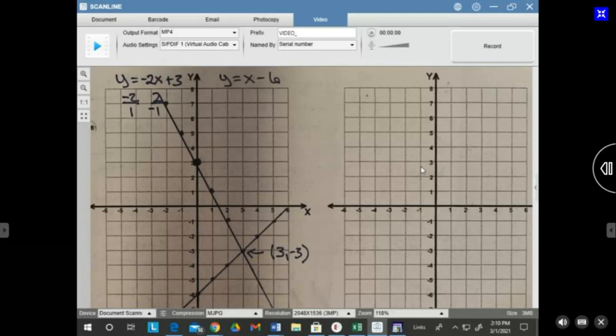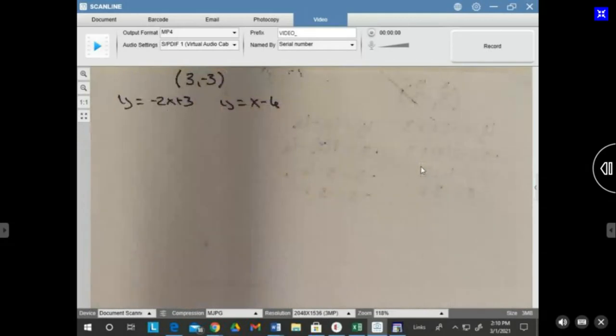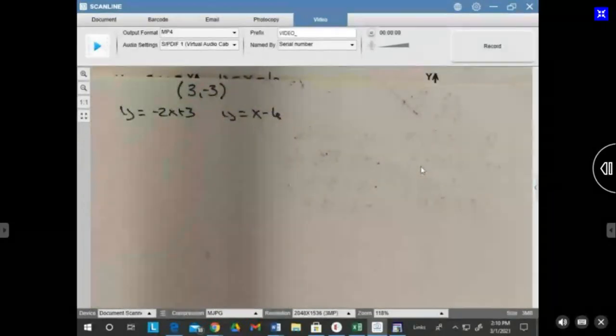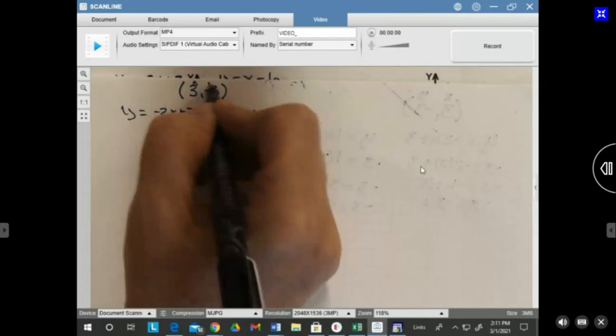I'm saying that this is my solution. How do I find out? Plug in the x and y. Plug the x into the x and the y into the y.